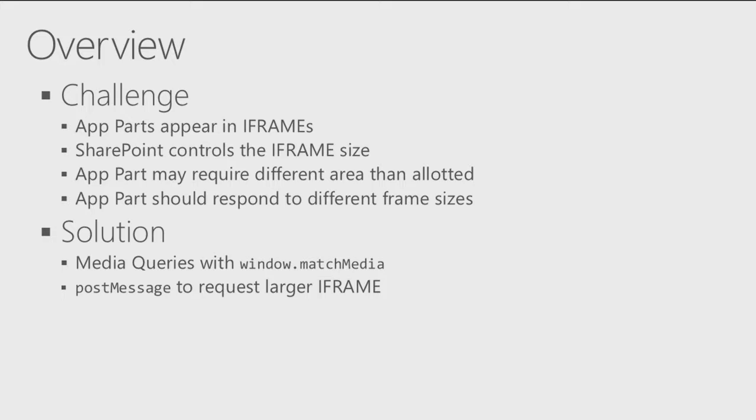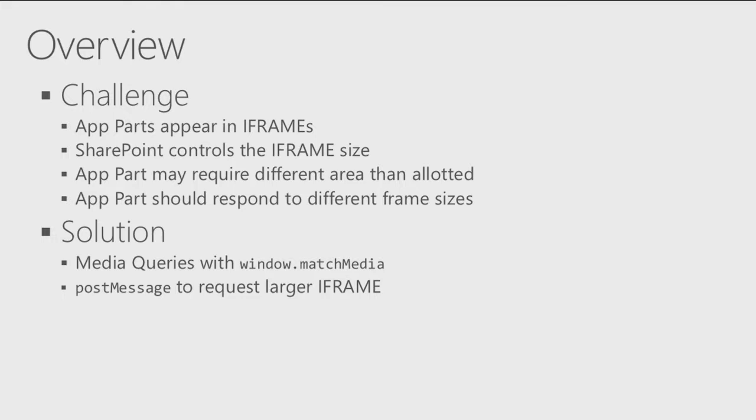So this is a two-way conversation, is my point. SharePoint is saying, listen, I'm being looked at on a mobile device, and the app part is saying, I need this kind of window to show this information reasonably, and we have to negotiate in some way to come up with something that will work.